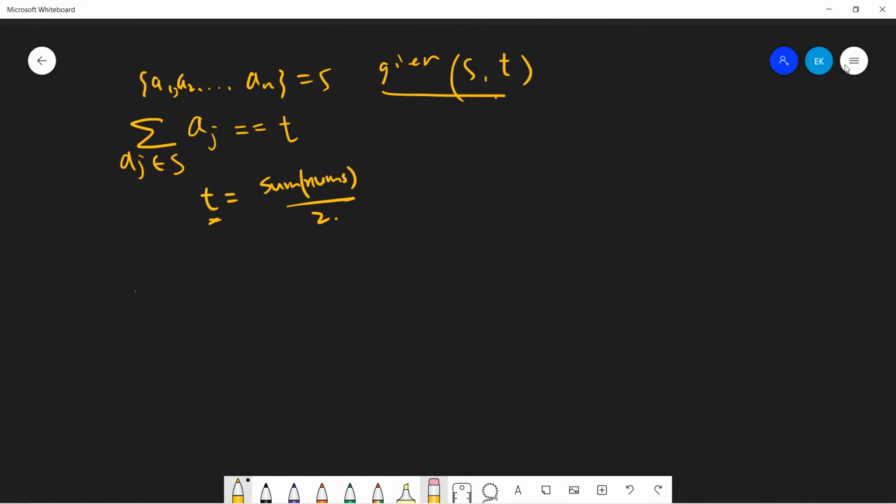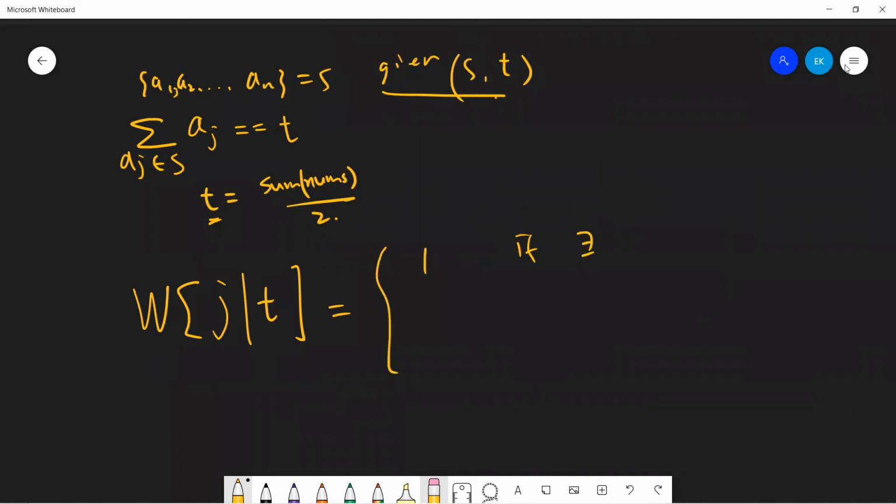Okay, so the idea is that you define w of j and the target t to be 1 if there is an answer. Let me just try to write it clearly. So this j means that you take the set S up to j, so a1 to aj, and t, and basically this is the answer for this.